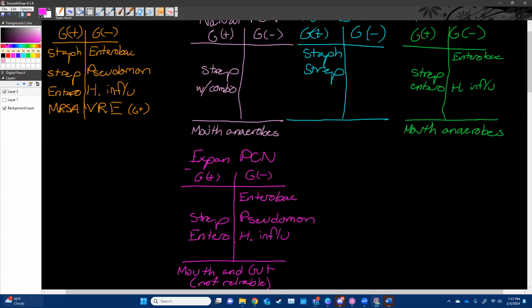And then finally, what we have is the penicillins with the beta lactamase inhibitors. Well, not aminopenicillins, just penicillins in general.